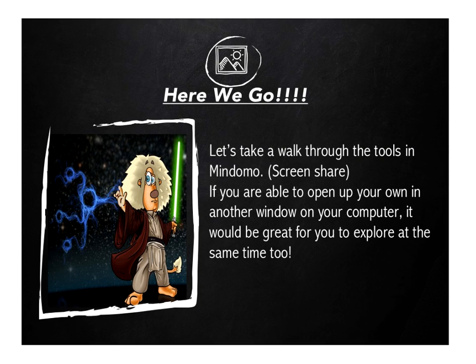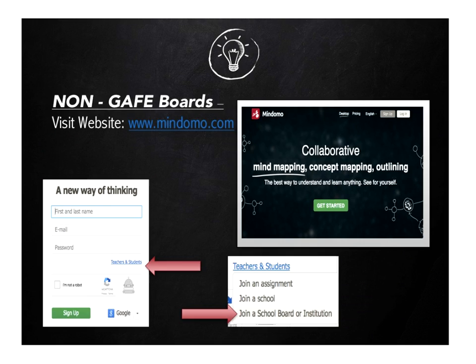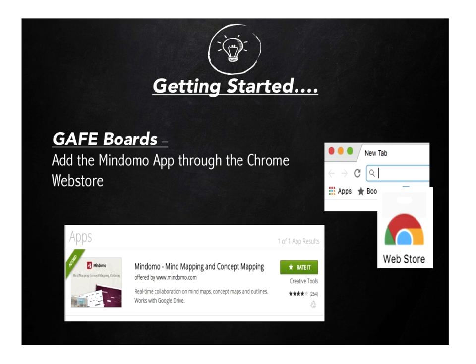For those people that are using it for the first time, maybe not have added it, I did put together this slide to show you. You can add it as a Google app if you are a Google Apps for Education board.